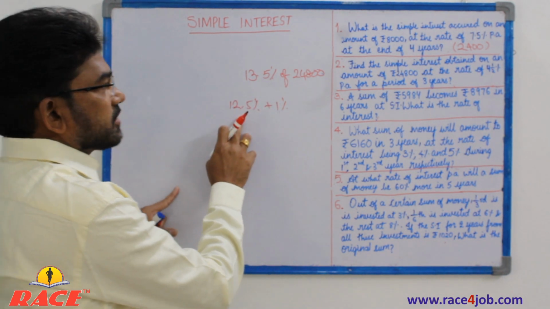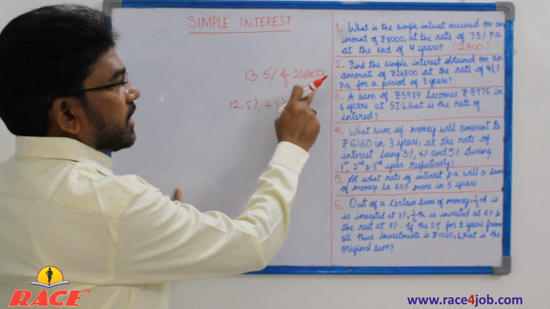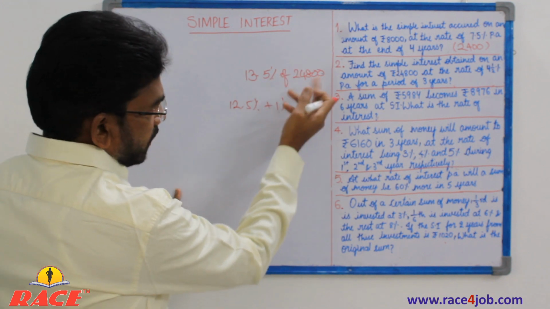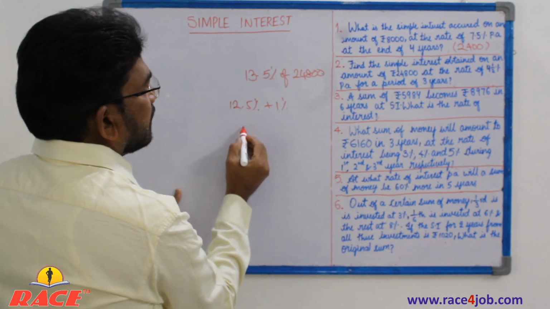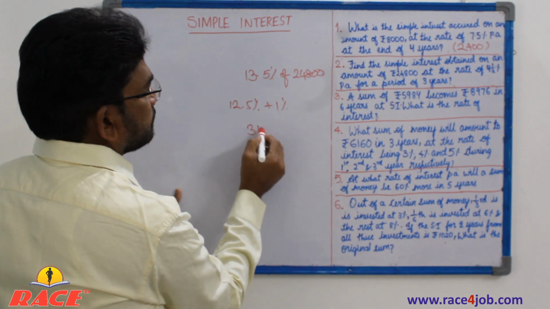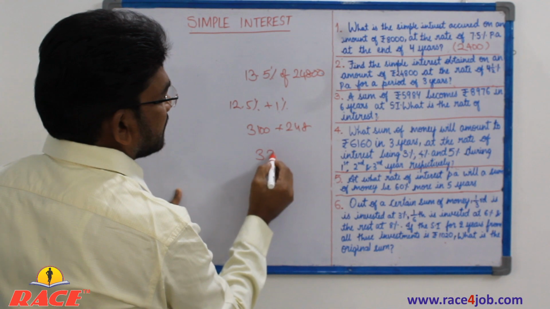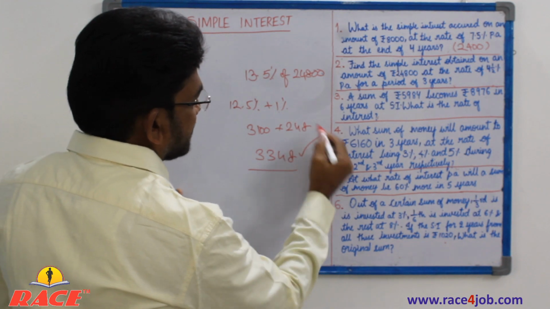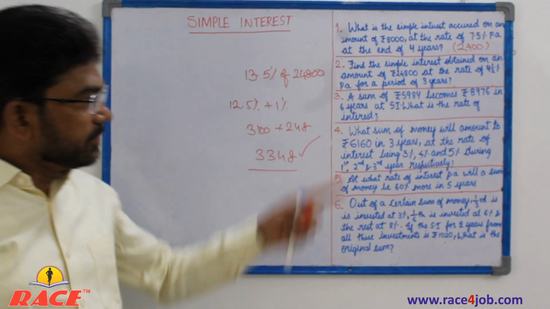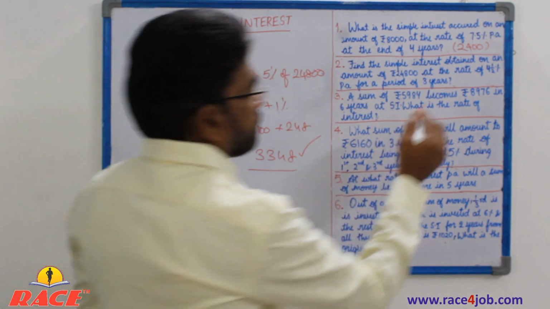So 12.5% is nothing but 1/8. 1/8 of 24,800 is 3,100. And 1% is 248. So this is 3,348, our answer. Very simple. Okay, so the interest is 3,348.